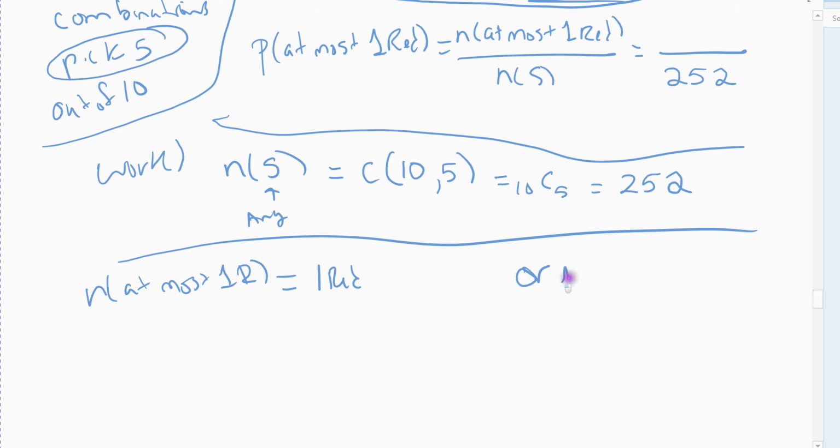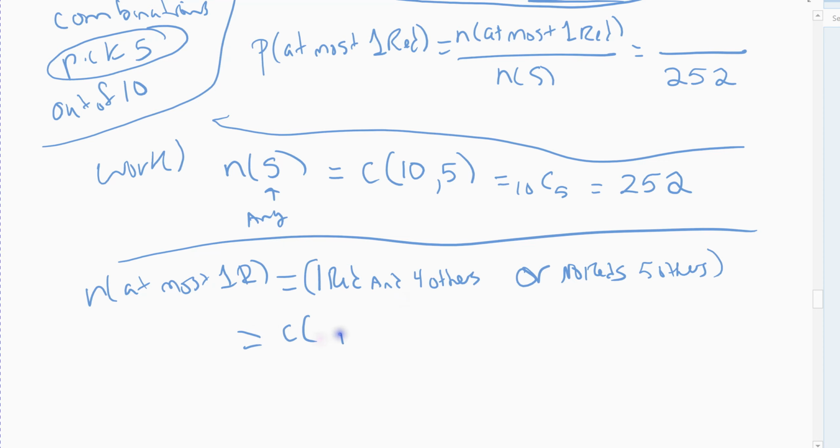Or no reds. We left a spot here because remember we have the hidden and statement. If I want 1 red, I still need 5 marbles, so I have to complete my handful. 1 red and 4 others. And remember, others mean any of the other colors but red. Or no reds, which means all 5 are the others.